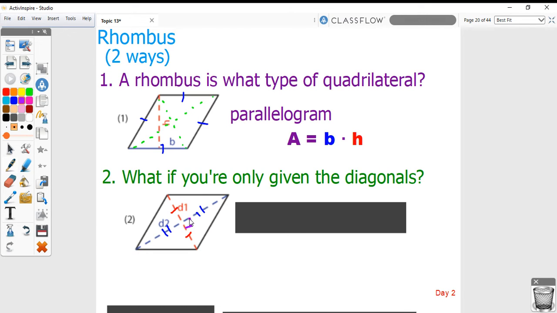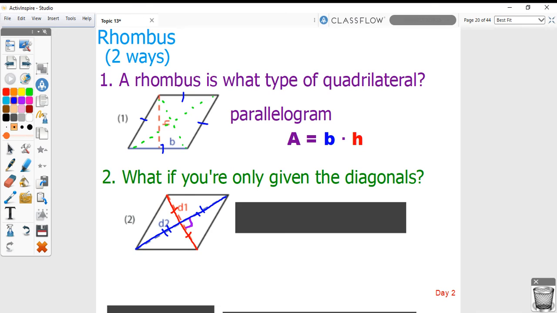They make right angles. And because of all of those pieces being congruent, and because of that right angle, when you fully draw those diagonals in, it makes a bunch of right triangles.